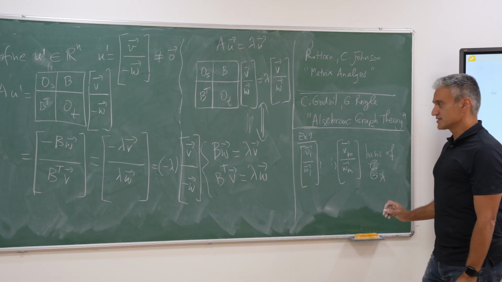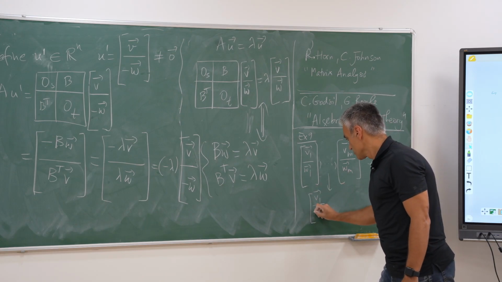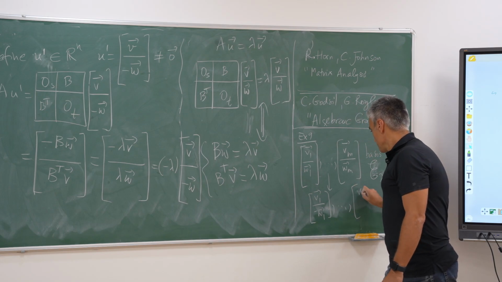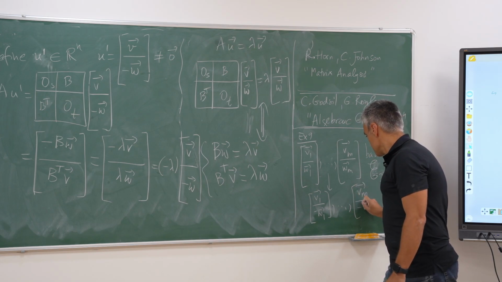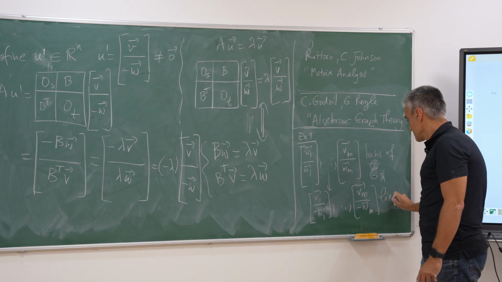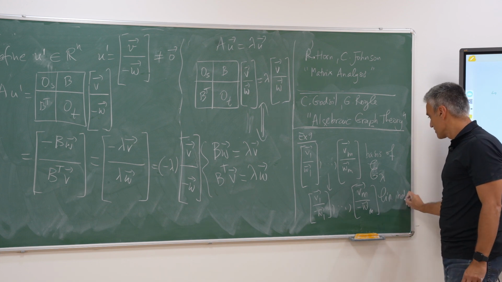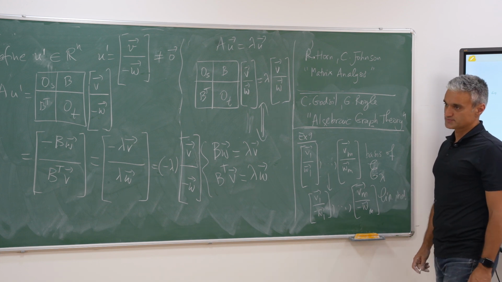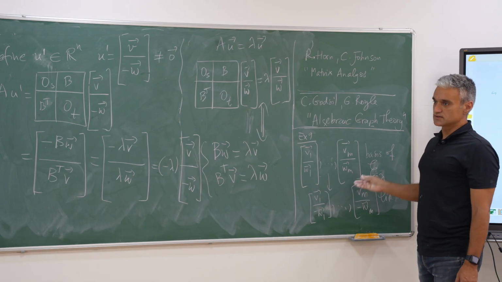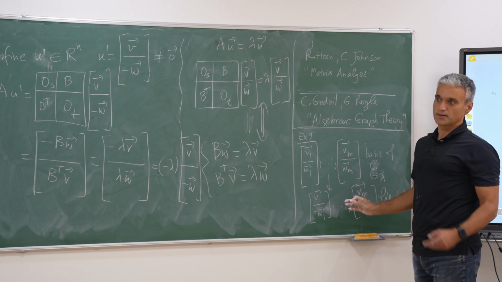So if this is a basis, what I want you to show is that v1 minus w1, up to vm minus wm are going to be linearly independent. At the end, they're going to be a basis, but for now, in the first step, just prove that they're linearly independent. It's not about basis here, it's about linear independence.